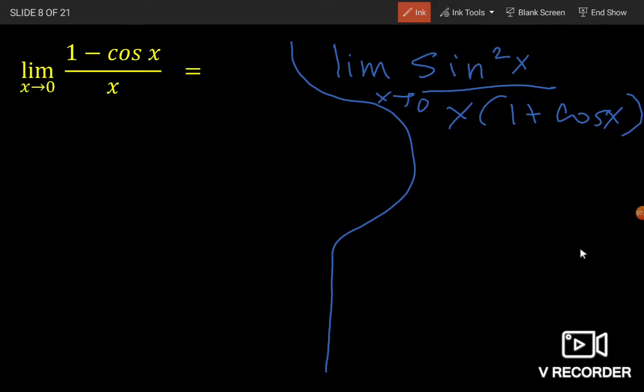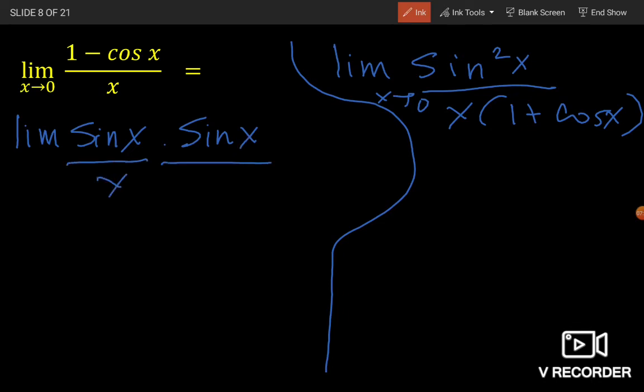We can now rewrite this into the limit of sine x times sine x, since sine squared x is simply sine x multiplied by sine x, divided by x multiplied by 1 plus cosine x as x approaches 0.